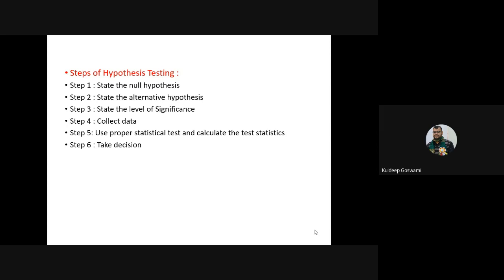In SPSS we won't follow these, because instead of making tables or doing calculations, SPSS does these things by itself. Then, after calculating the result, as I told you initially, we have to compare it with the p-value and draw a conclusion or inference about the sample.